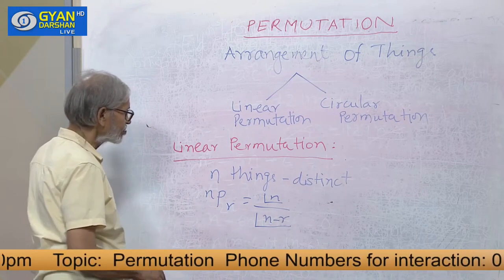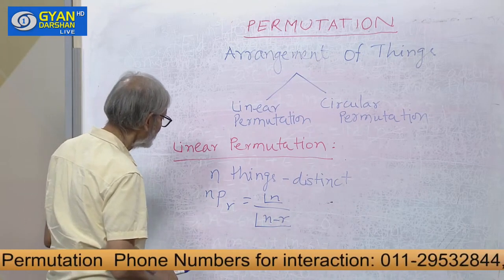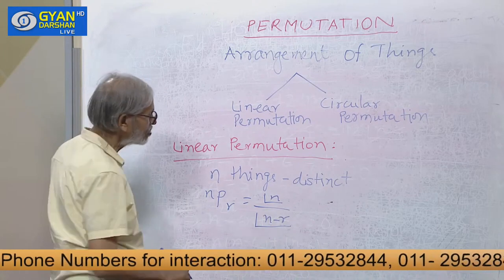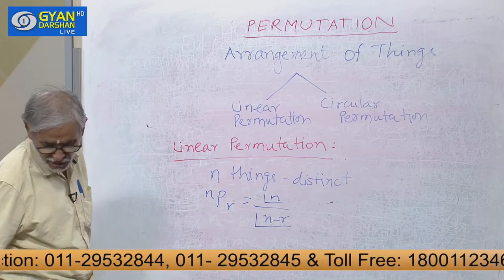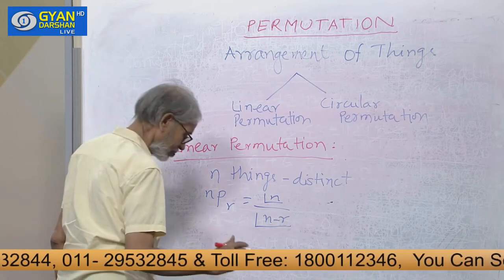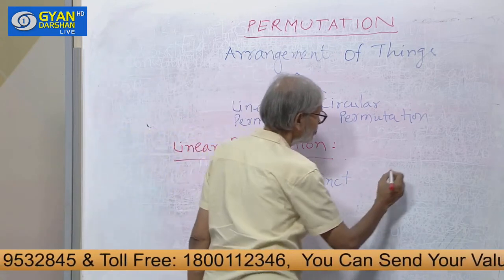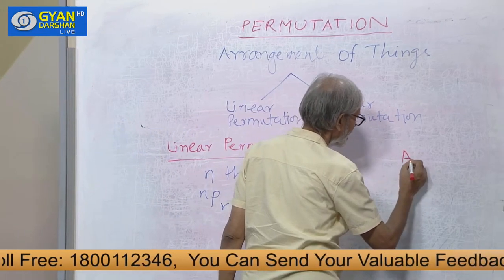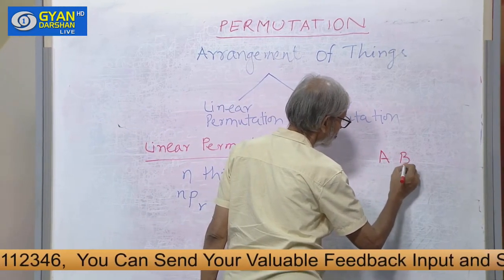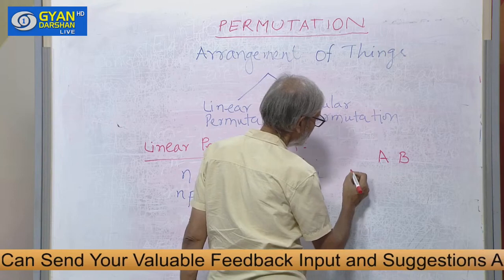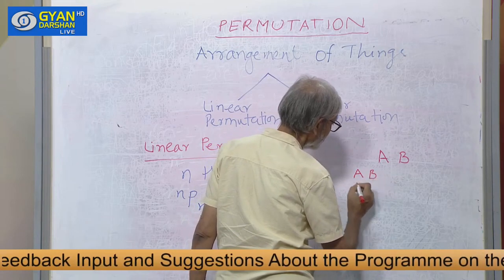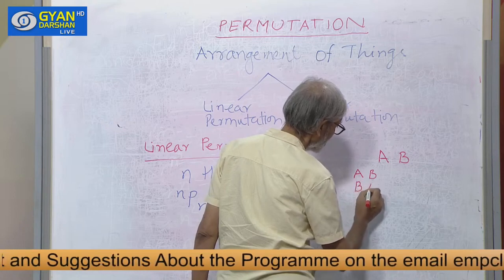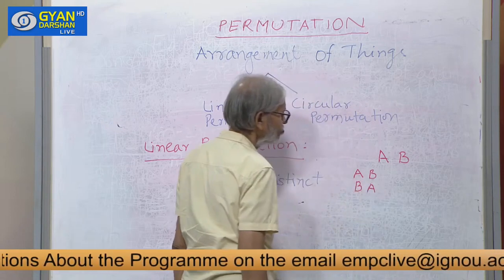Now, we can verify this formula. Suppose there are two things, say A and B. So, this can be arranged in two ways, AB and BA, isn't it?